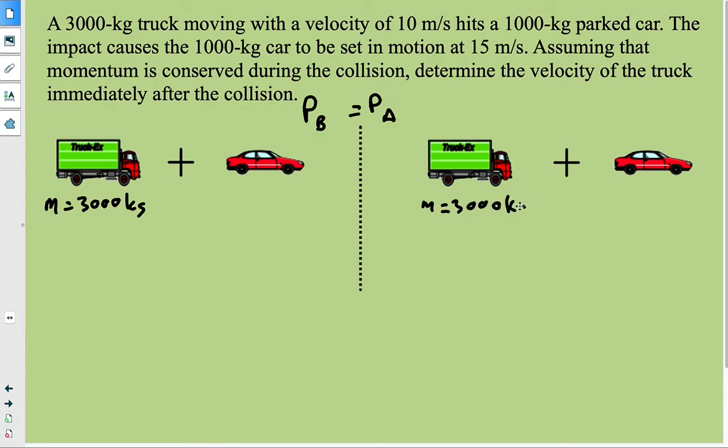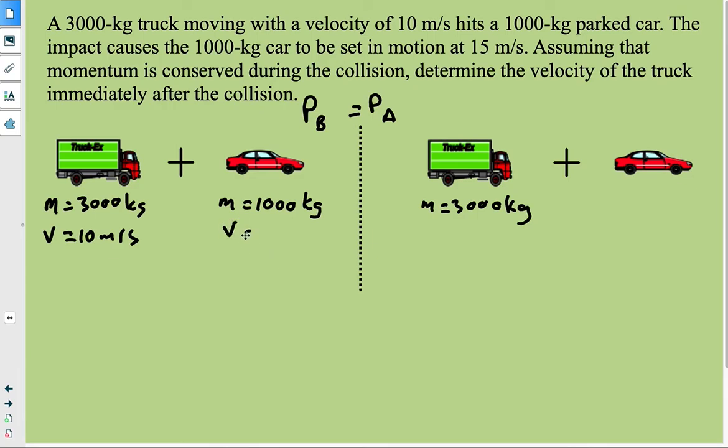Sometimes the mass can actually change. If you've ever been in a bad accident, you know pieces of your car fall off. It's craziness. But anyway, I have a 3,000 kilogram truck and it's moving at a velocity of 10 meters per second. Now it is going to hit a car. The car starts with a mass of 1,000 kilograms.